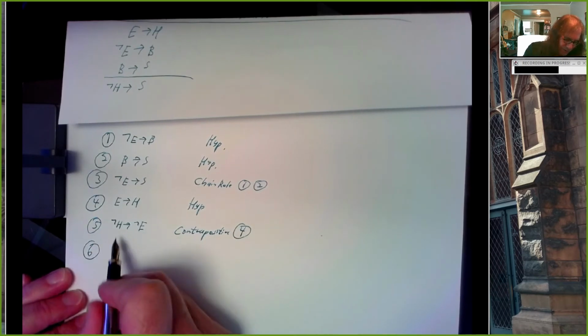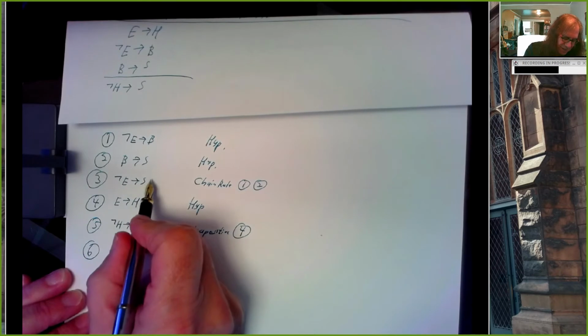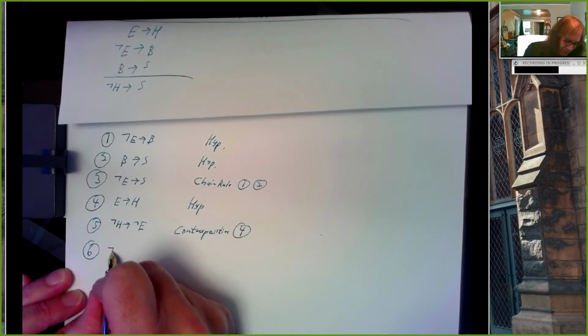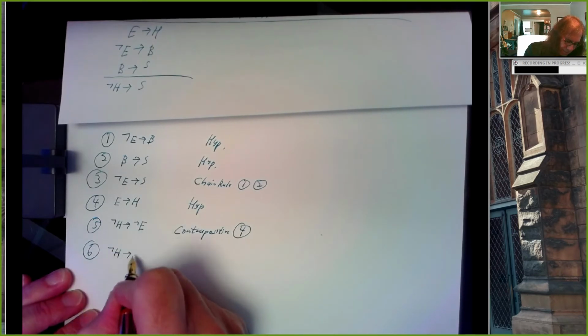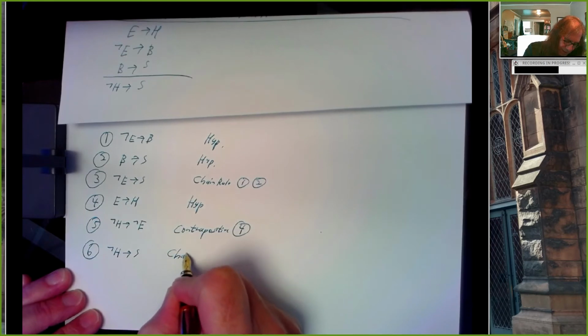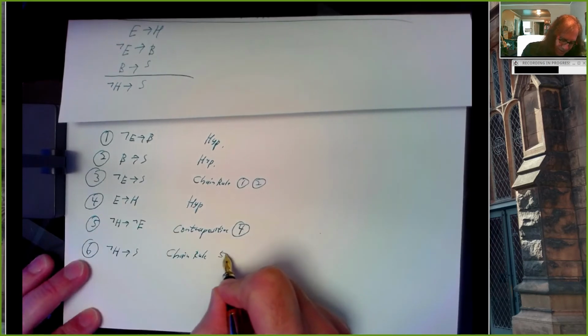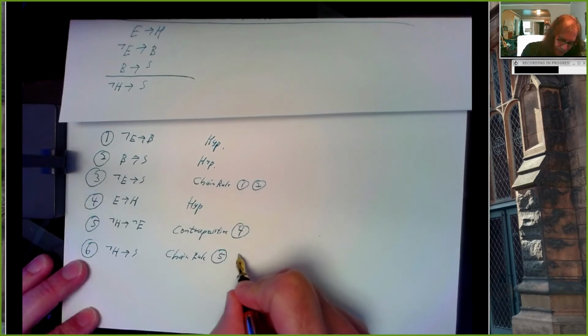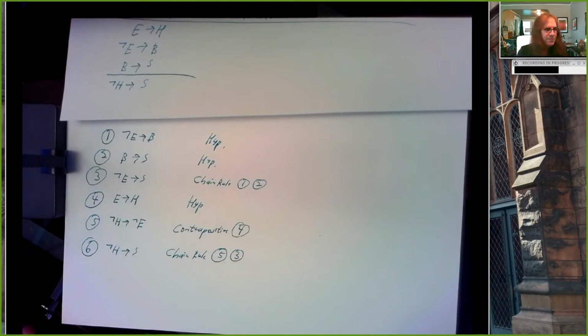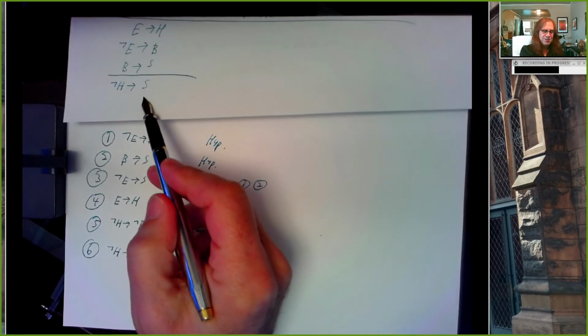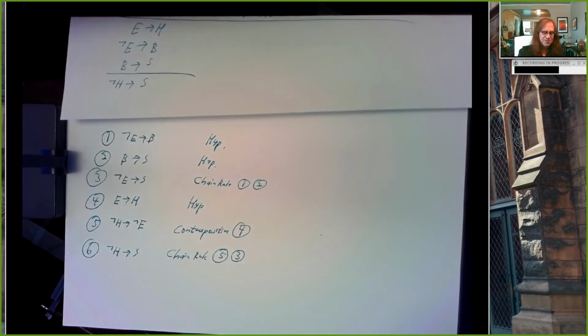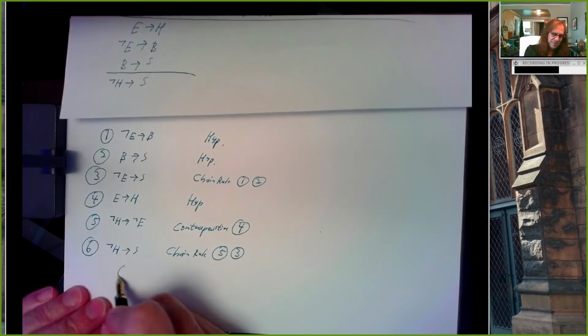So now I'm going to say this implies not E implies S. I'm going to put those together, and the reason for that is the chain rule. And what did I chain together? I chained 5 together with 3. And guess what? We just proved the thing that we're trying to show. Not H implies S. And so we can say QED, and we're done.